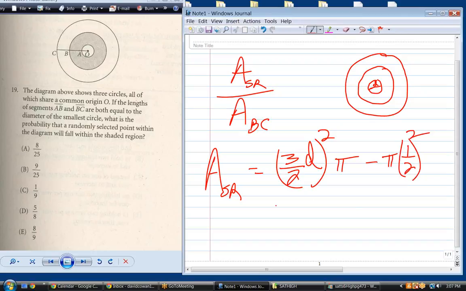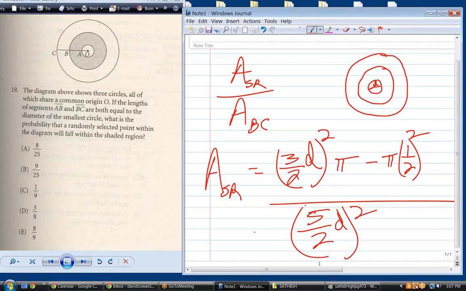Right. And the area of the big circle is D plus half D, so 5/2 D squared times pi, and I left a D off here.